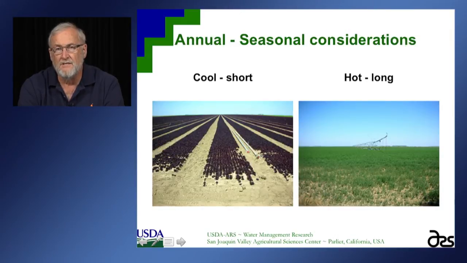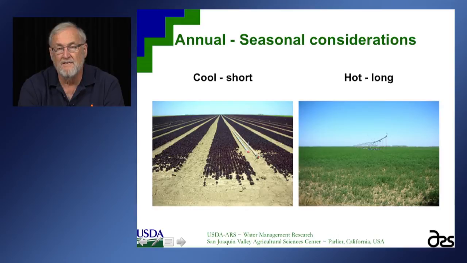Additional considerations are, if you're looking at an annual crop, what are you going to select? You could select a cool season crop, which has a fairly short growing season, like lettuce, or some of the other vegetable crops that can be grown in the fall or the spring, during periods of time when the water demand is going to be fairly low.